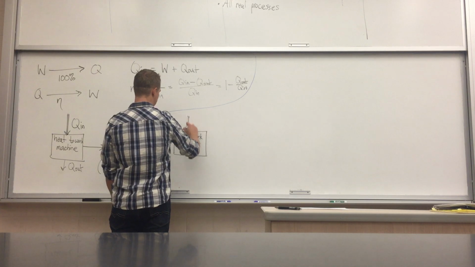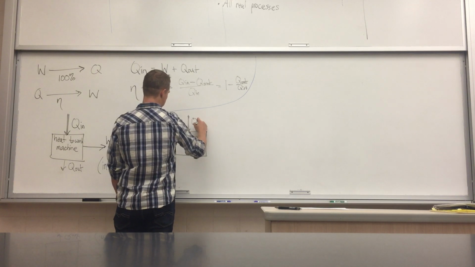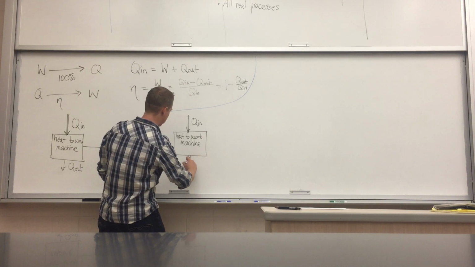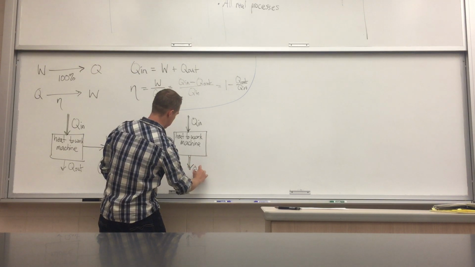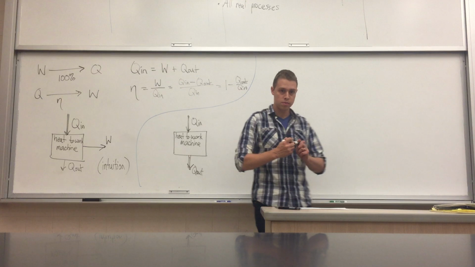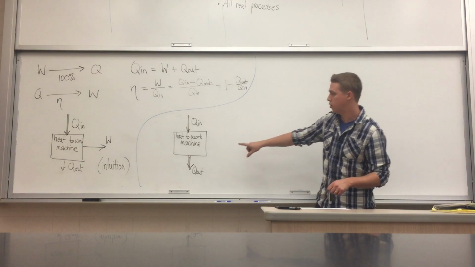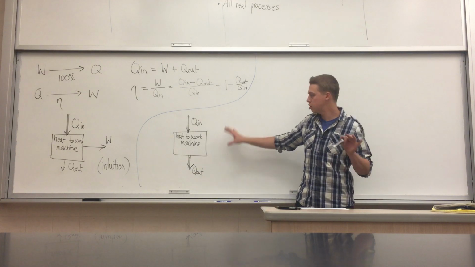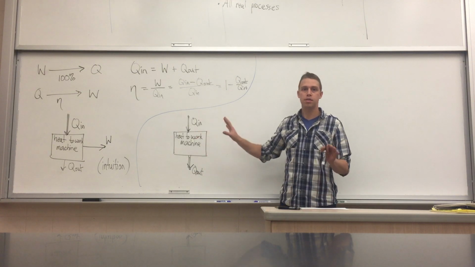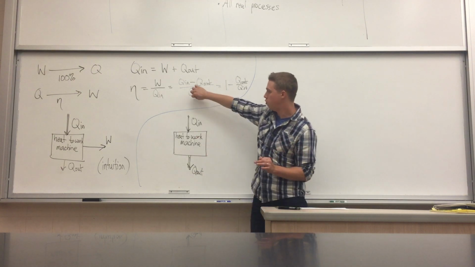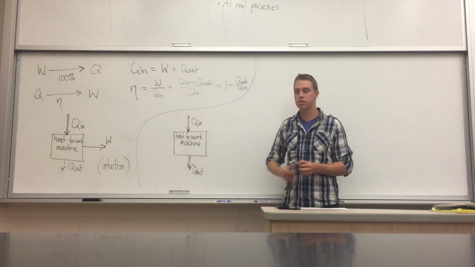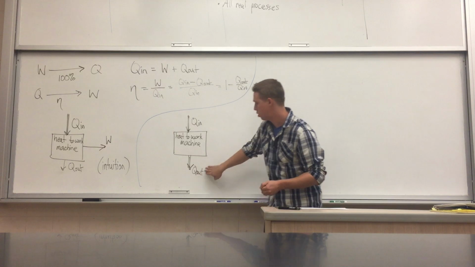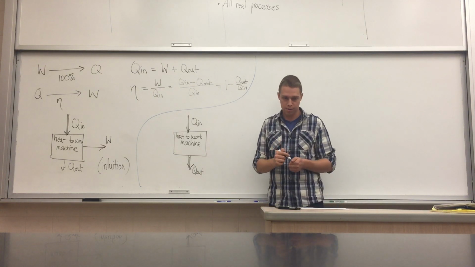And this time we've got a bunch of Q in flowing, and this time we've got all of it coming out. So I've redrawn a similar thing, only this time there's no work. We've said, let's not even try to get work out of it. Let's just take our heat to work machine and basically treat it like a pipe. Q flows in and it flows straight out. It just goes straight through, all right? So Q out is the same amount as Q in.